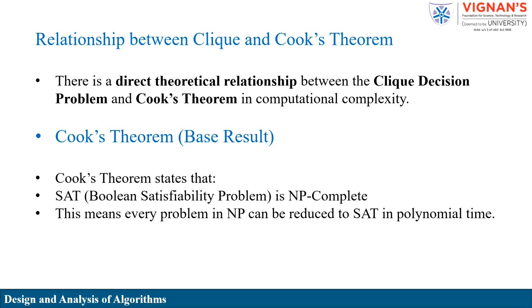This means that every problem in the class NP can be reduced to the SAT problem in polynomial time. Because of this result, SAT becomes the starting point for proving many other problems as NP-complete, including the Clique problem. This establishes a strong connection between the Clique decision problem and Cook's theorem.